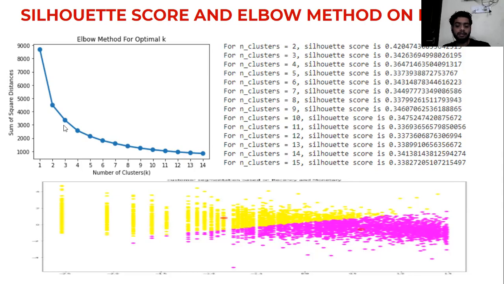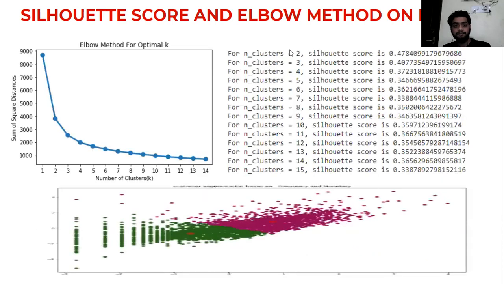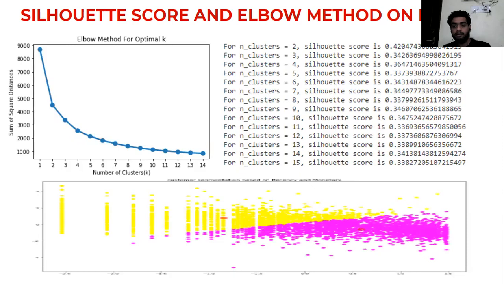Here at the top left corner is the elbow method for optimal k, and you can see that the optimal k value is 2 because the sudden decrease of the curve starts from 2. At the top right corner we get the table of the similarity score: for n cluster 2, the similarity score is 0.42, and for 3 it's 0.34, and so on. So we can say that for cluster 2, that is the k value, we get the best result.